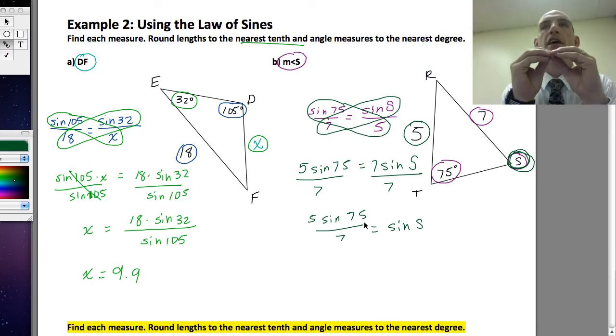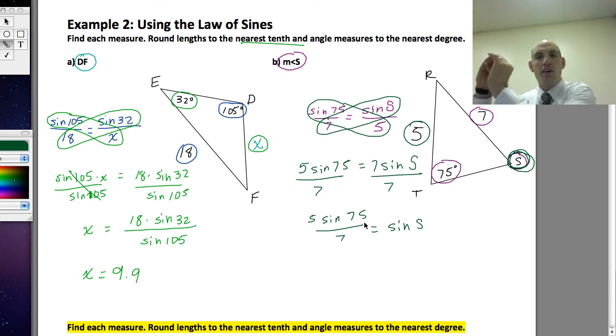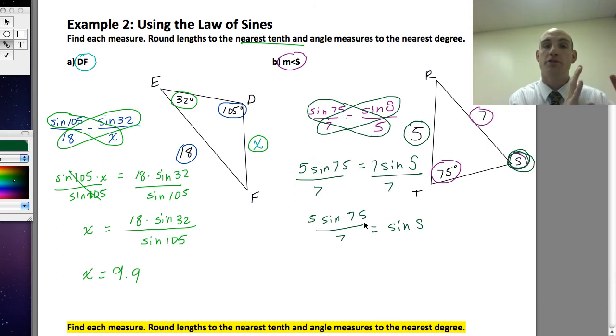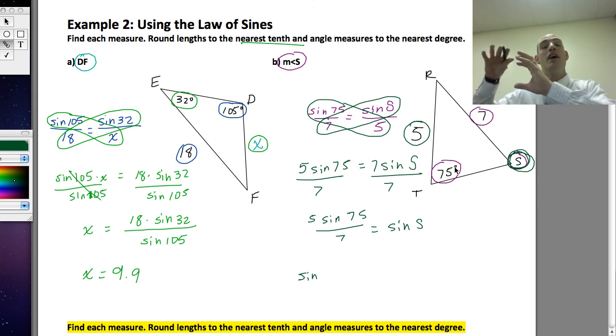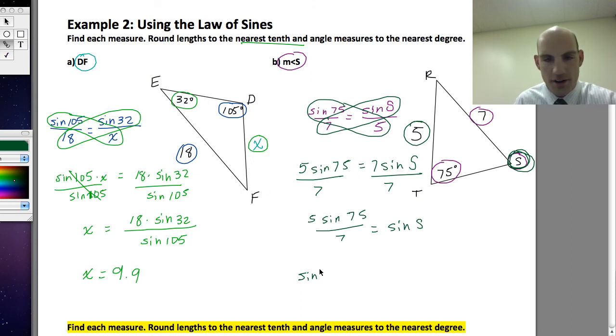remember, if I have the sine of an angle that I don't know equal to a decimal, I am going to need to use inverse ratios, because I'm finding an angle. So I'm actually going to do sine inverse of this decimal over here.